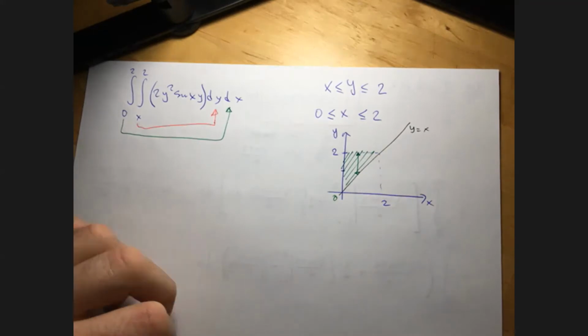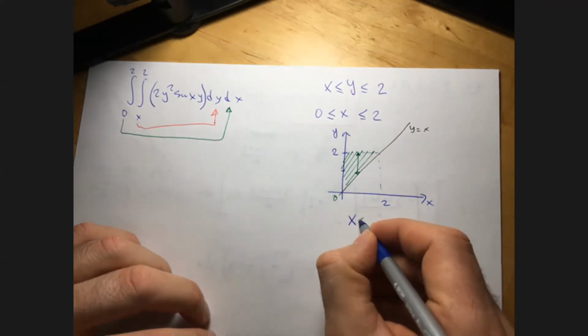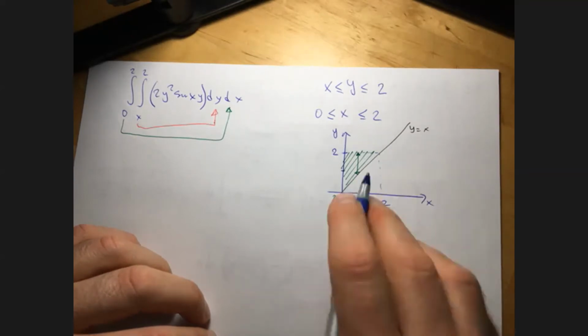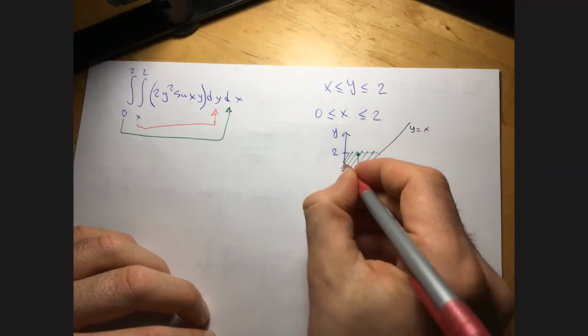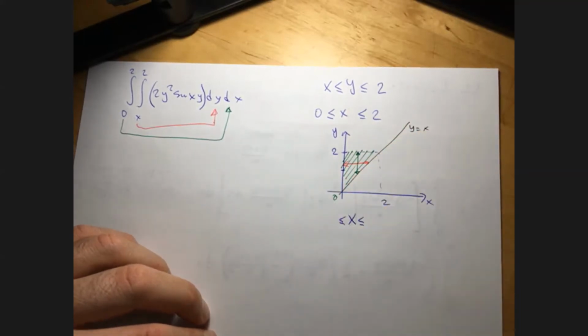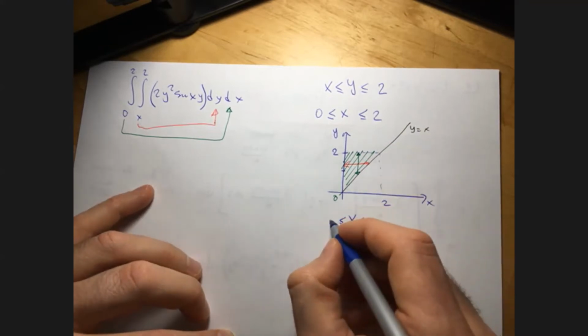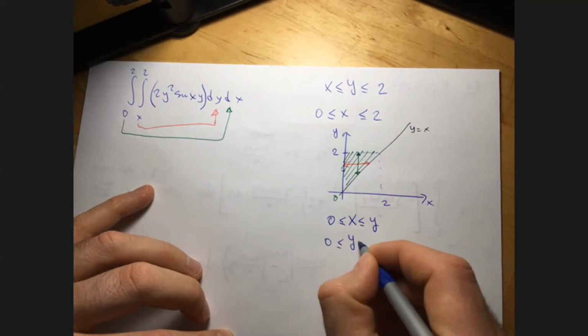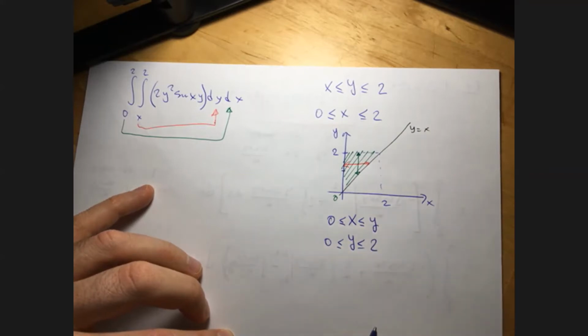Now let's rewrite this in terms of where x is bounded by some function. So x is from 0 to this line. That line, in terms of y, is just y, so from 0 to y. And y now is bounded by 0 and 2.